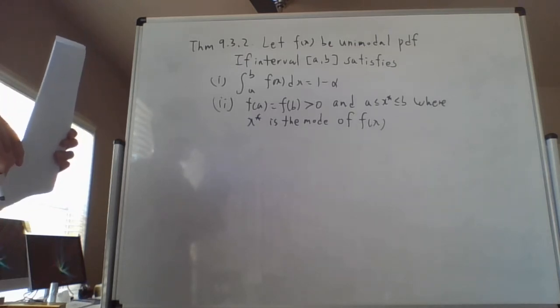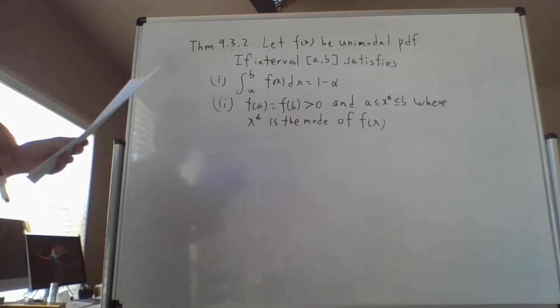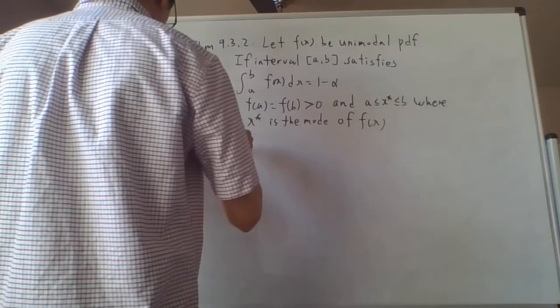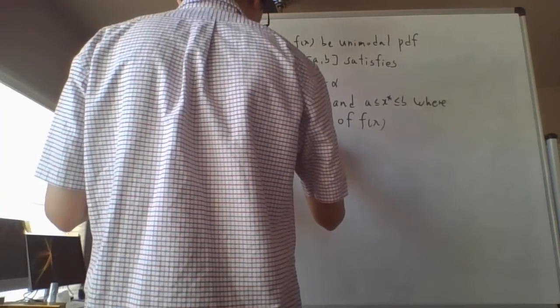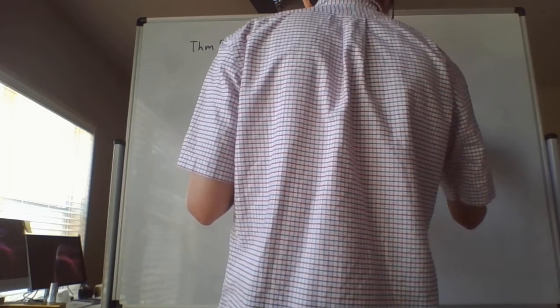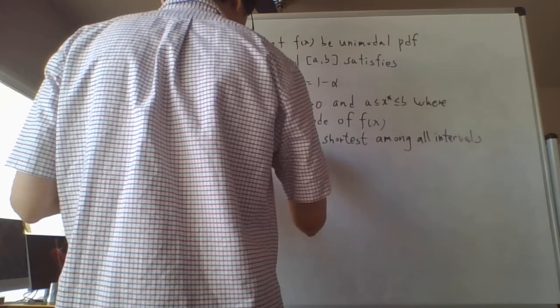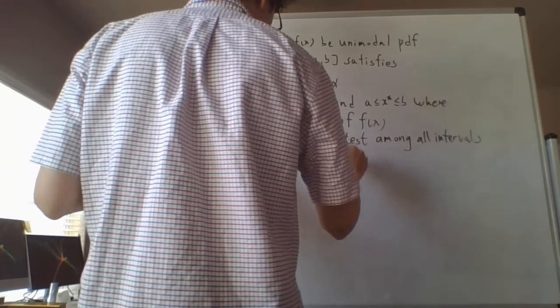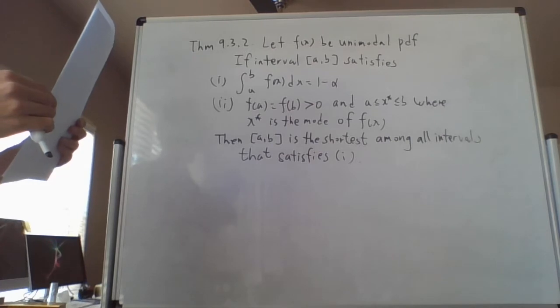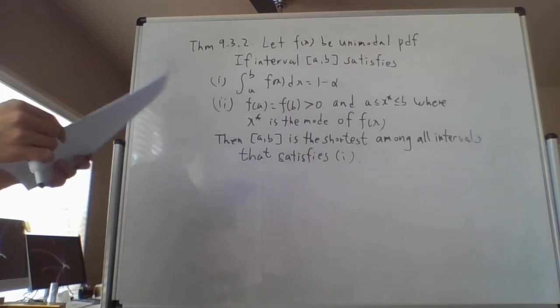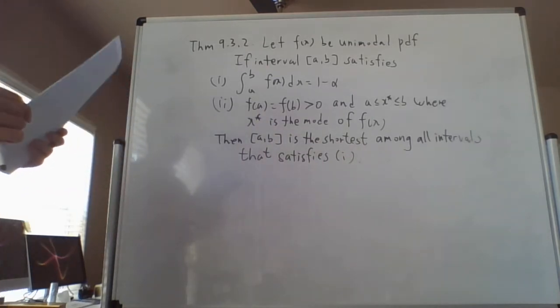There's only one mode, and the mode is between A and B. Then A and B is the shortest among all intervals that satisfy the first condition, which is that the probability that x is between A and B is 1 minus alpha.